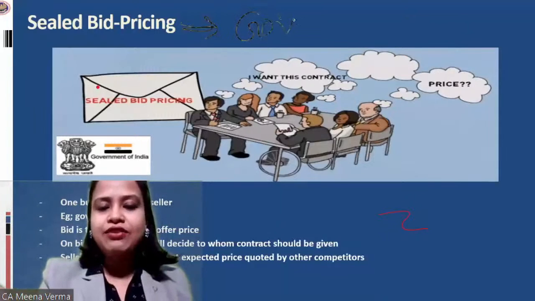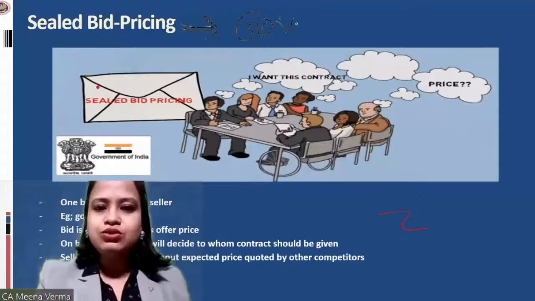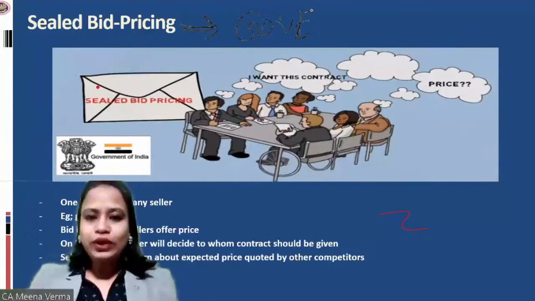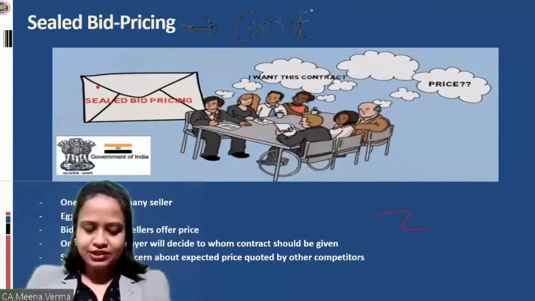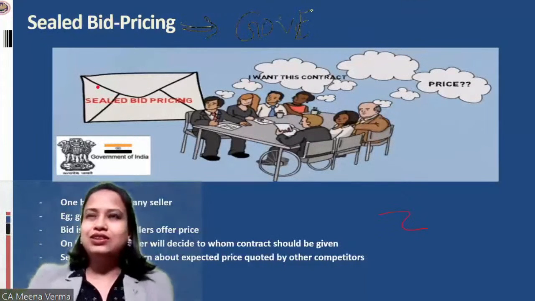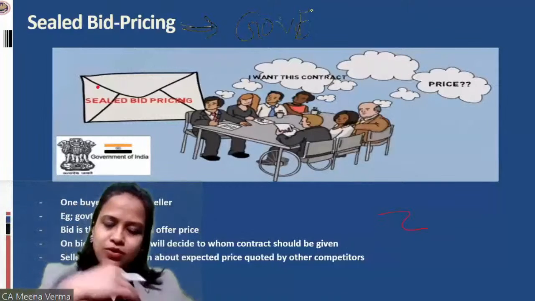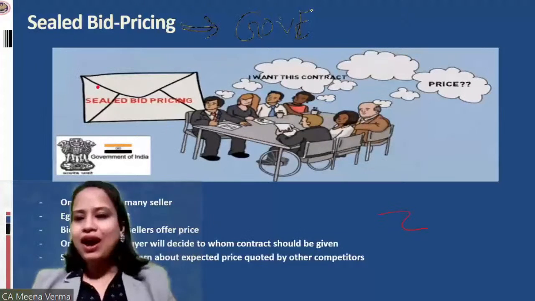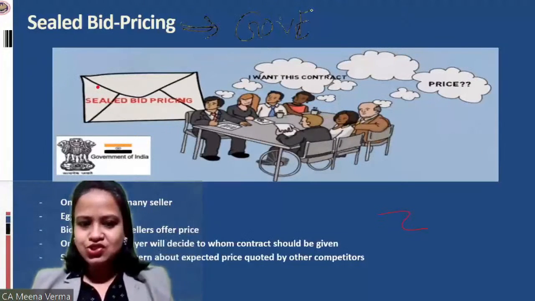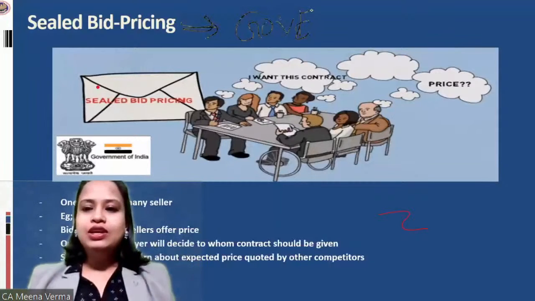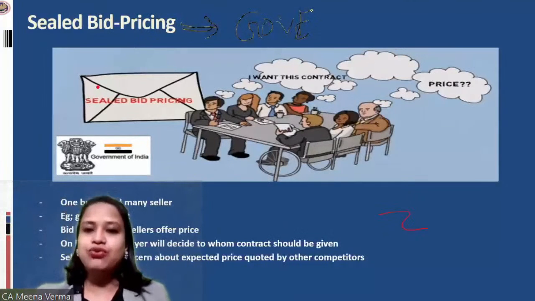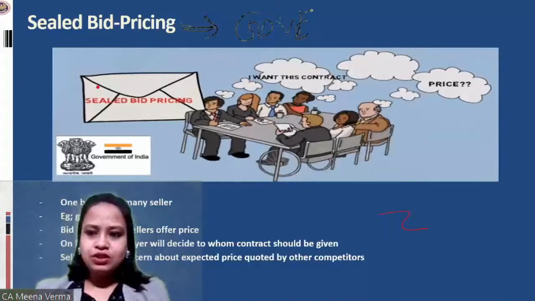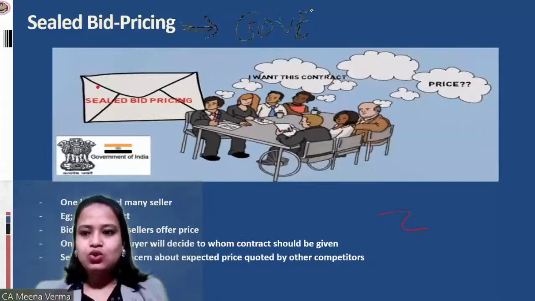I hope you have read such news in the newspaper. Governments issue tenders for various kinds of projects, like if the government wants to build a road or highway or any infrastructure project, or in the case of defense in India, they issue tenders to the people who have a license to do that work.